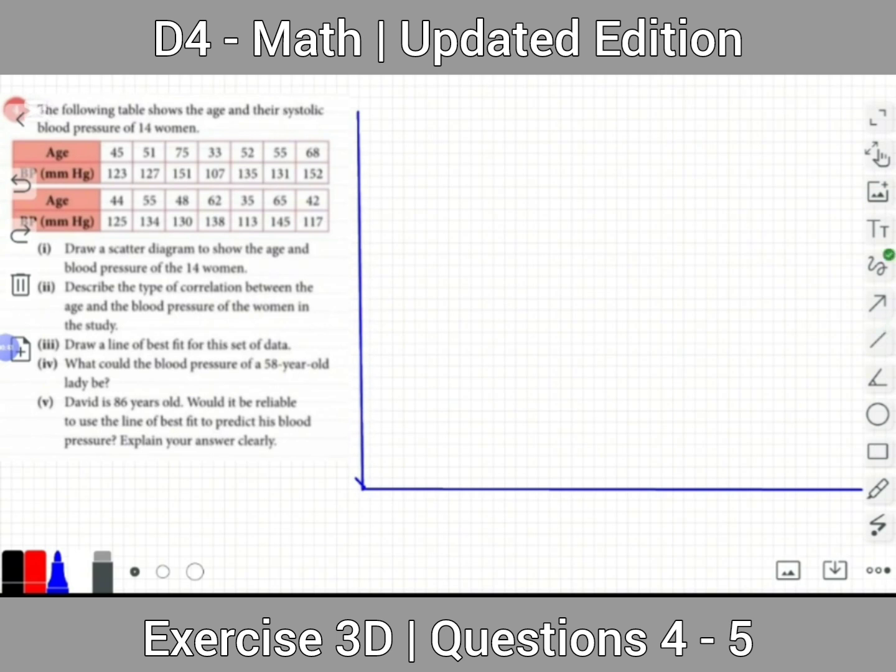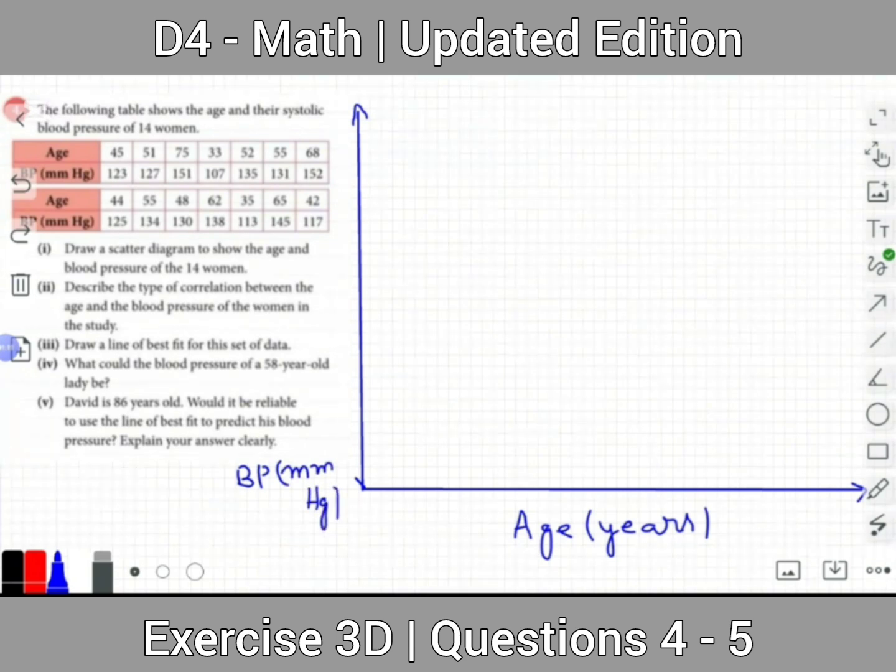Along the x-axis we will take age in years, and along the y-axis we will take blood pressure in mmHg. So now we will scale the x-axis with points.